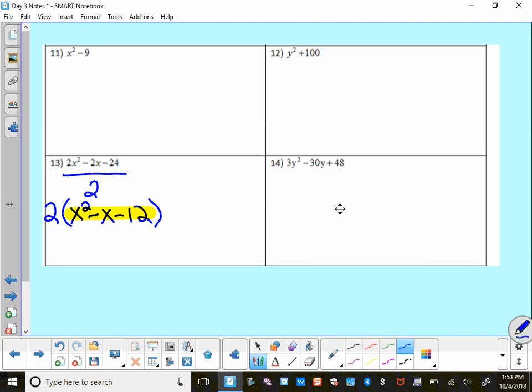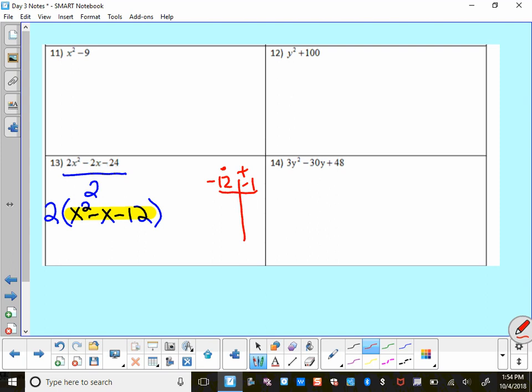Okay? Off to the side, I need 2 numbers that multiply to give me what? Negative 12, and add to give me, what's in front of the x? Negative 1, right? We always take the number.